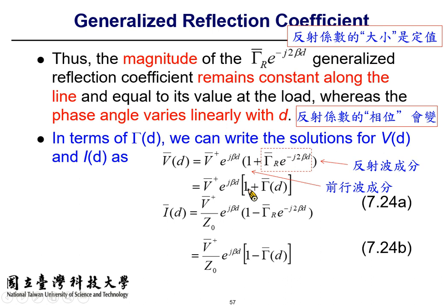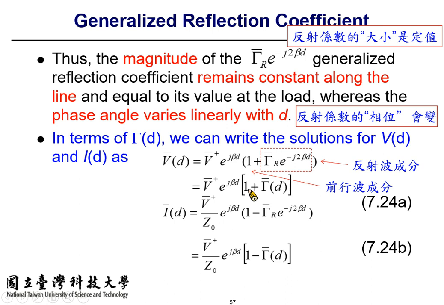Note that for the current part, the expression becomes 1 minus gamma d, with the rest the same as the voltage, except for the Z sub 0, the characteristic impedance, and the combination of the forward and reverse going parts. So here you have a 1 plus gamma d, here you have a 1 minus gamma d.